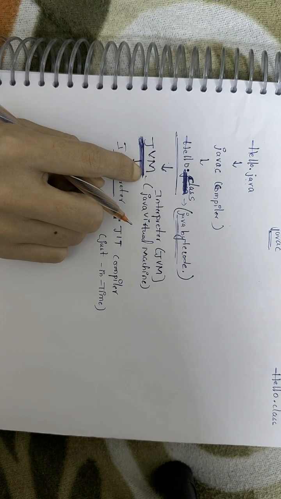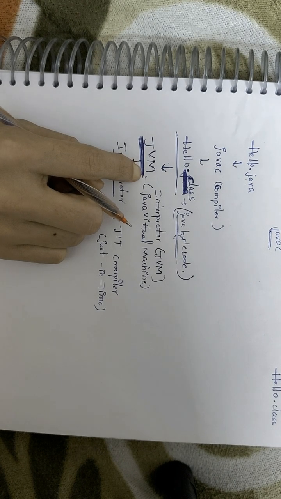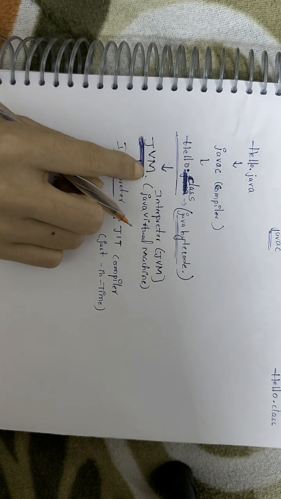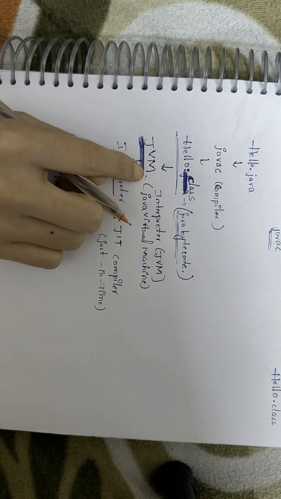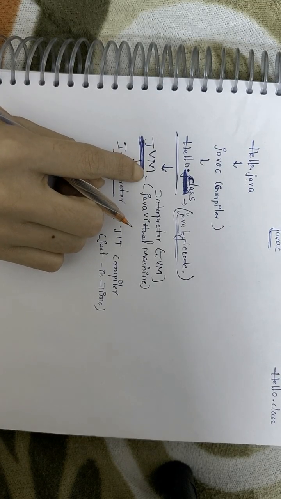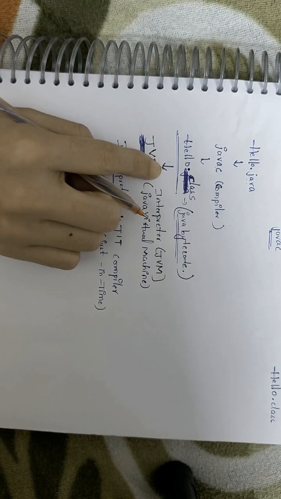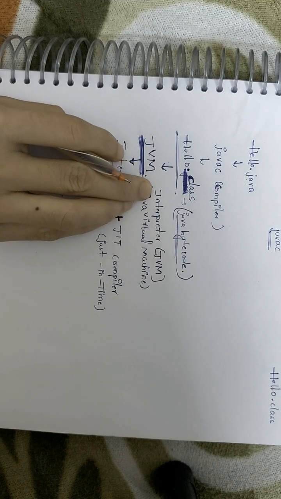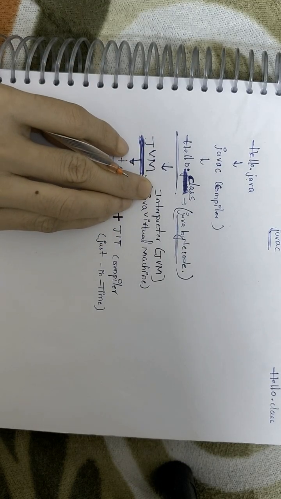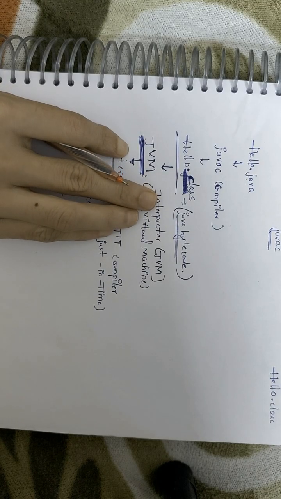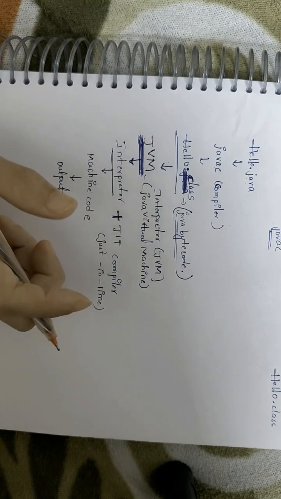Java provides a JVM everywhere: if it is Windows, it provides a Windows JVM; if it is Linux, a Linux JVM; and if it is Mac, a Mac JVM. This is the reason our Java code can run on any operating system. JVMs are capable of executing our bytecode in the same way on any operating system.